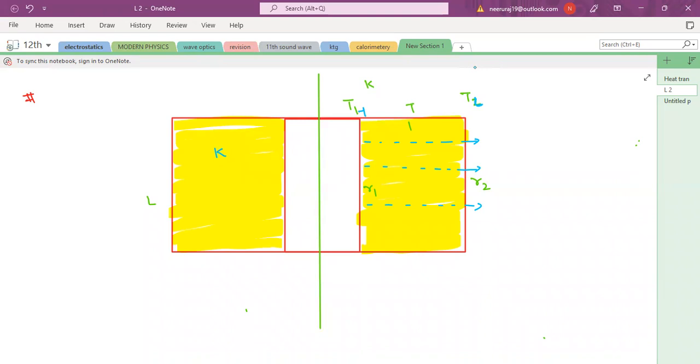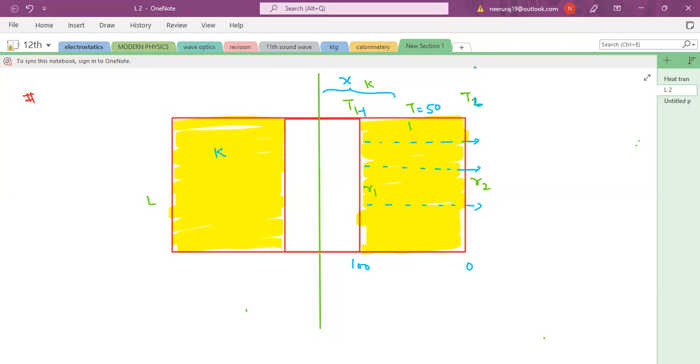Now what he's asking: find out the distance from the axis where the temperature becomes half. Half meaning, suppose this is 100 and this is 0, find out this distance where the temperature is 50. That is what he is saying.